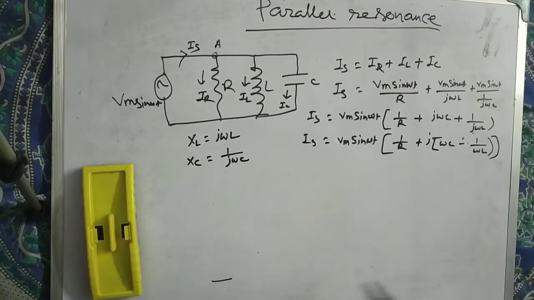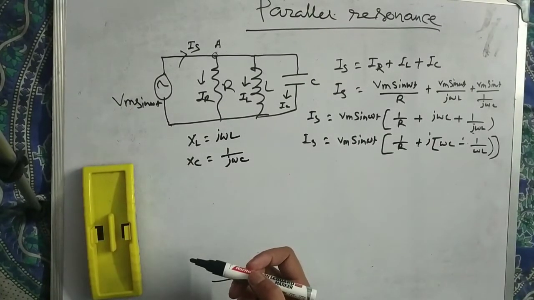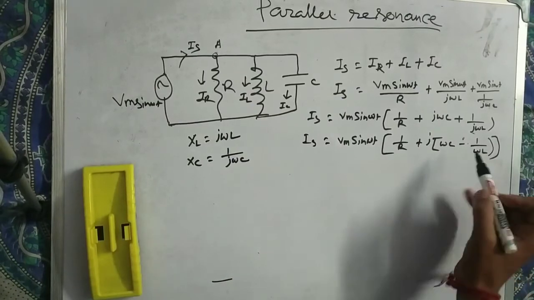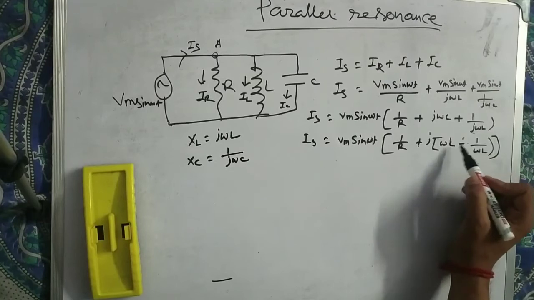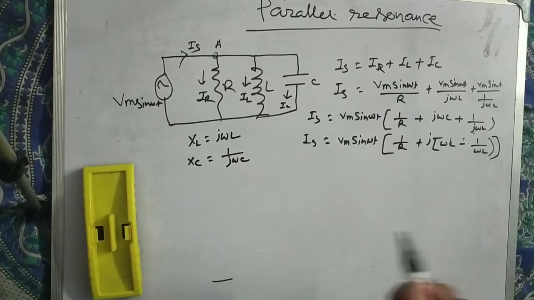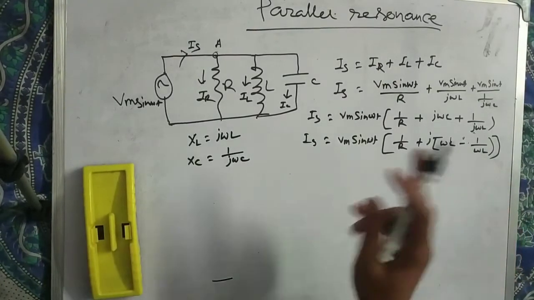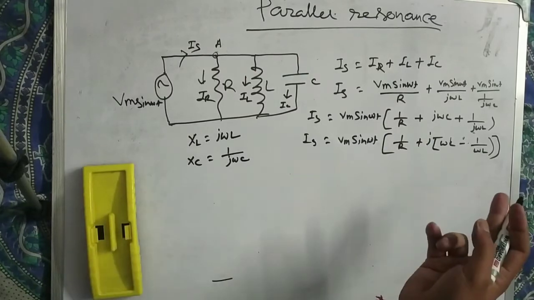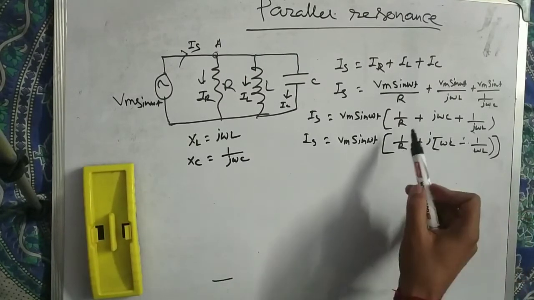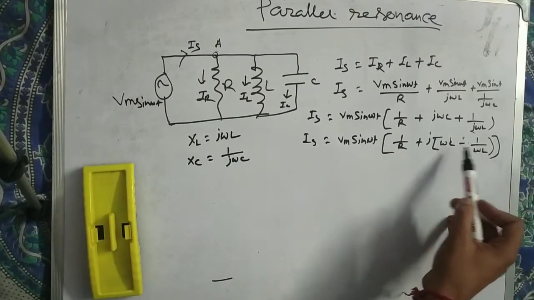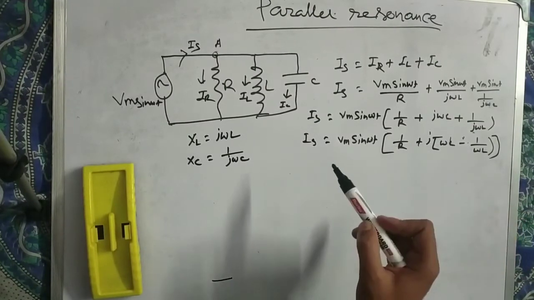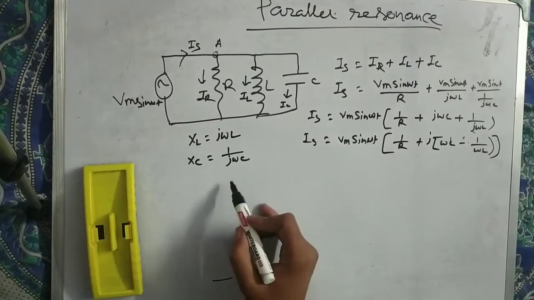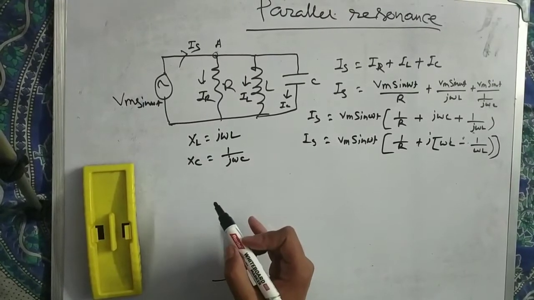Now in the previous case we have already studied that if the inductive reactance and capacitive reactance are the same, then resonance will happen for series resonance circuit. Now for this case, 1 by R, 1 by omega L, omega C, this is admittance of the circuit. The reciprocal of reactance is called admittance.